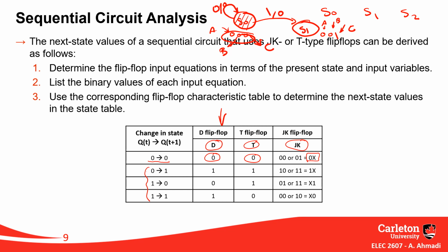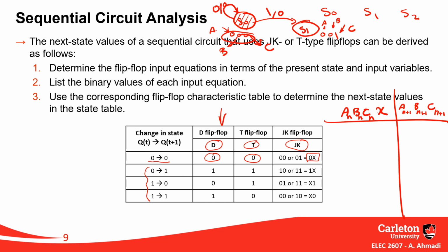Now I want to design a circuit based on A, B, C, and X, to find out what would be A next state, B n plus 1, and C n plus 1. If I call this the current state, it means An, Bn, Cn.